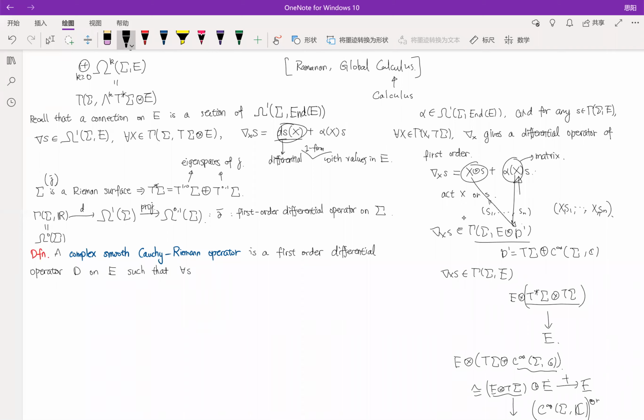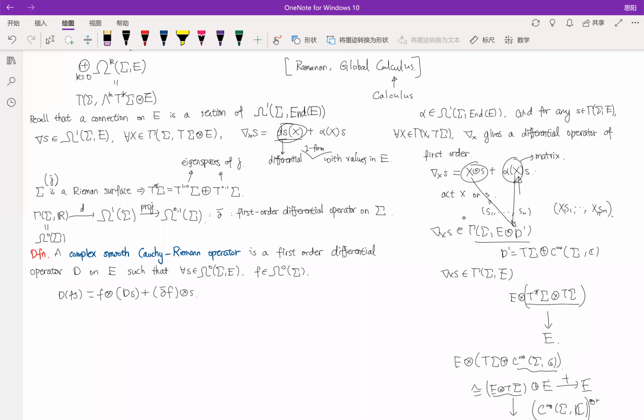For any S in the global section of E and also f in the global section of sigma, we have the following Leibniz rule. We must let the 0,1 part of D be the standard one, so D(fS) equals fDS plus D bar f tensor with S.